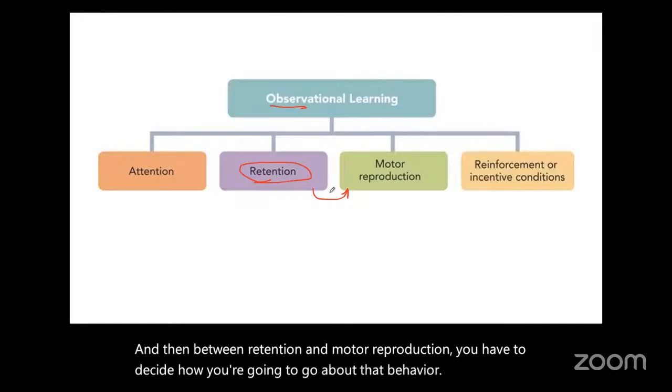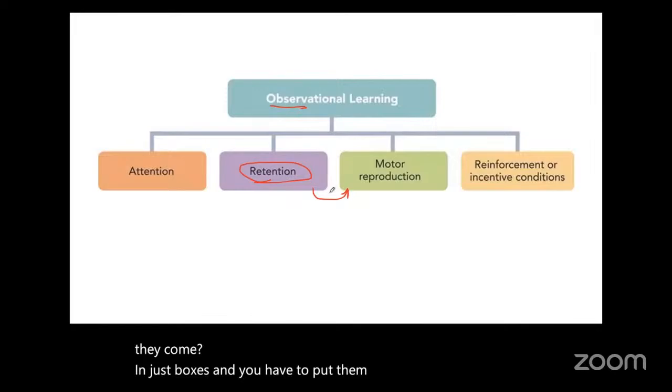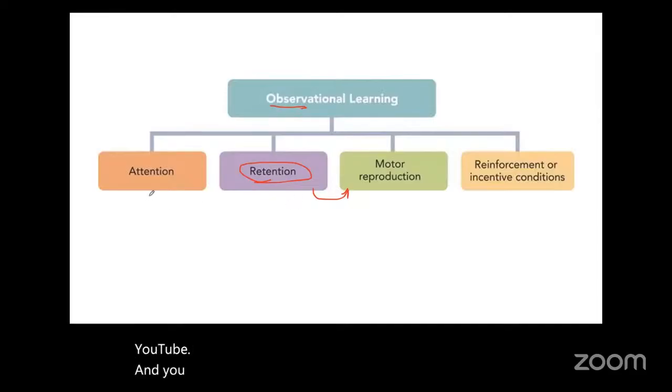Okay, so maybe an example is building a bookshelf. You know how they come in just boxes and you have to put them together. And let's say your bookcase didn't come with the instructions. So you go on YouTube and you watch, let's say, 3 videos on how to put this bookshelf together.